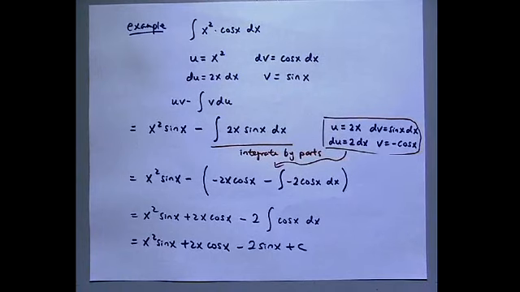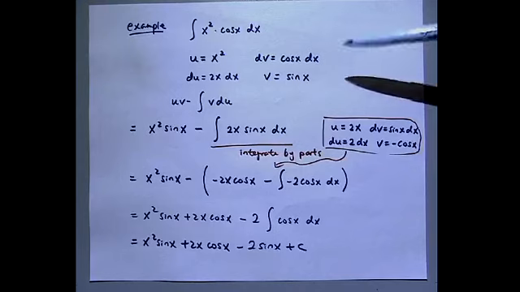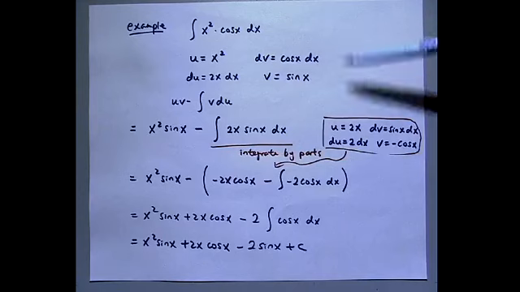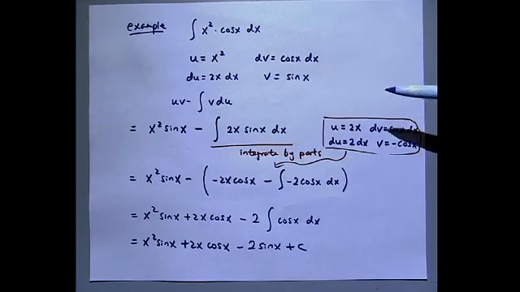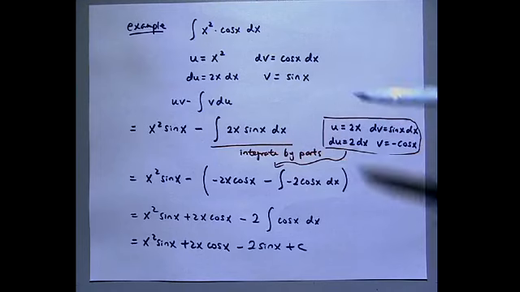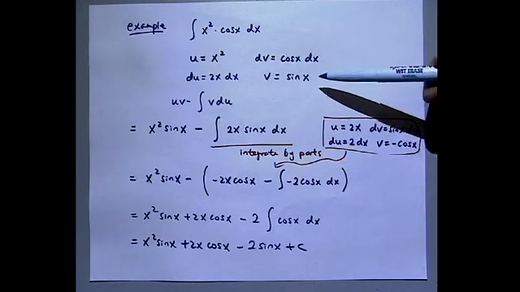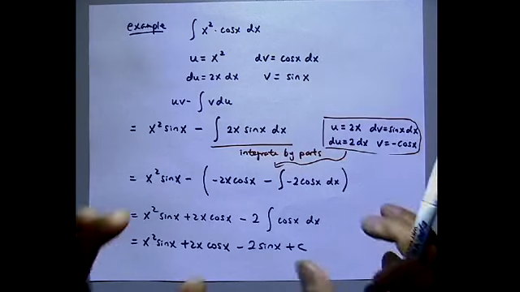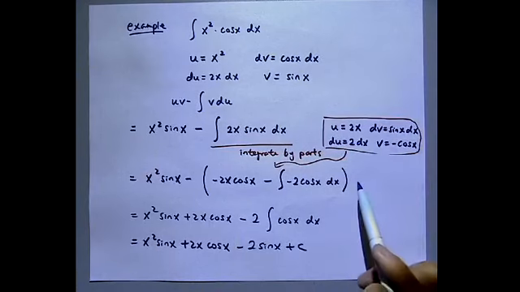Question? Which dv are we looking at? Good question. Why didn't I get a plus c here? It turns out that if I had a plus c, then I ended up with some constant at the end again.